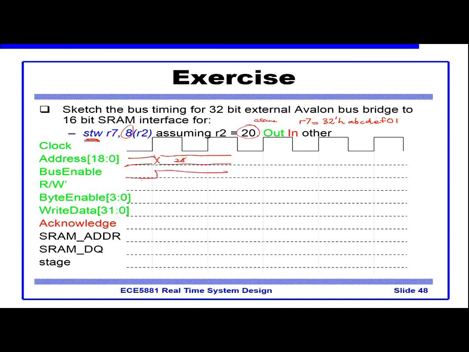Bus enable. So we're now going to write, so it's going low, and then the byte enables. That's a word, so that's full 32 bits. And then the write data is the point of distinction here that's different. And we see that in R7 we're going to assume we've got ABCDEF01. So the write data will reflect that.